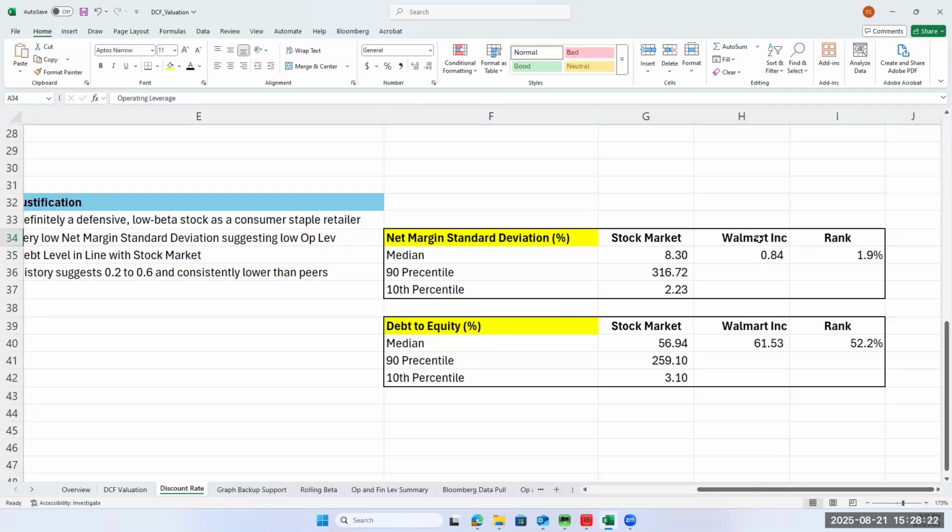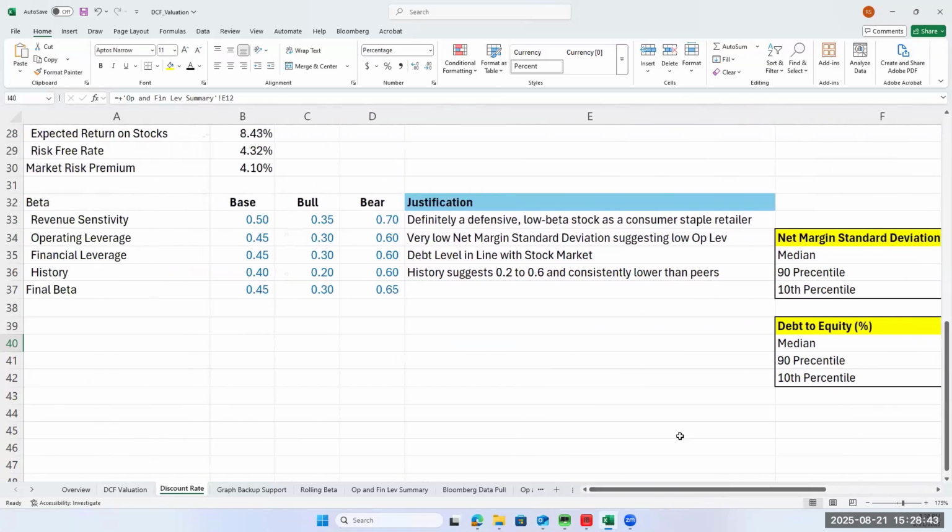So I'll look at the standard deviation of Walmart's net margin versus the stock market. You can see their earnings are very, very stable. That implies very low operating leverage. And then on the financial leverage, I'll look at Walmart's debt to equity, which is 61%. The market's about 56%. So they're slightly higher than the market on debt, but not much. And so that gives me a beta there.